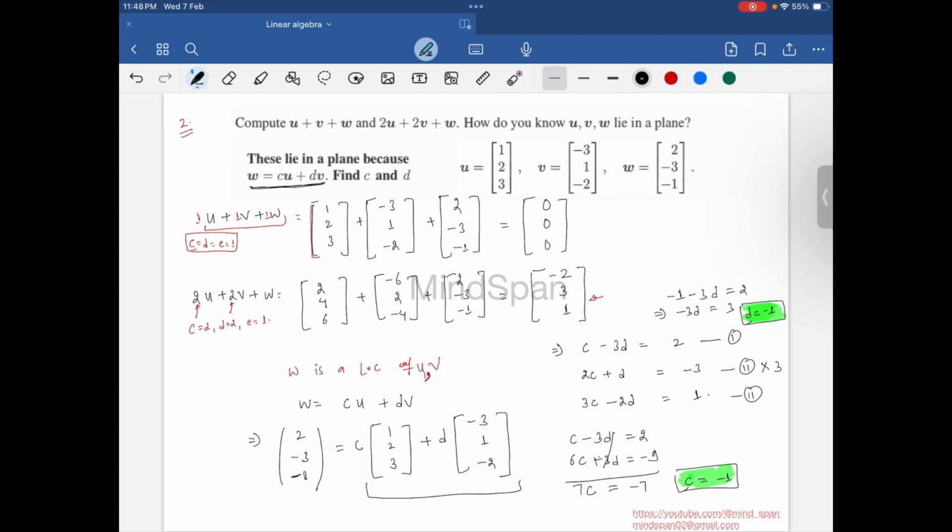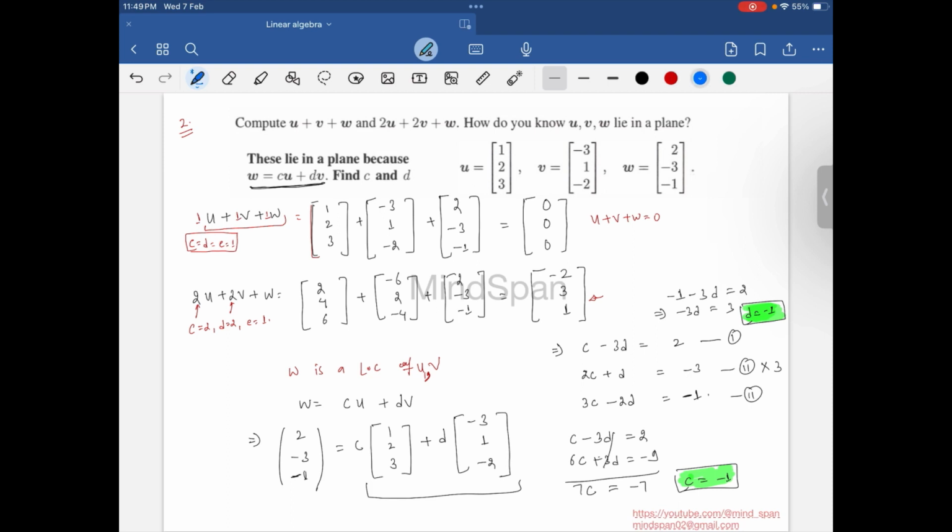So here we have minus 1, here we have minus 1, so minus 3 plus 2 is minus 1, right? And if you see, this addition tells you something: that u plus v plus w, what we are getting is 0, right? So here u plus v plus w is 0.